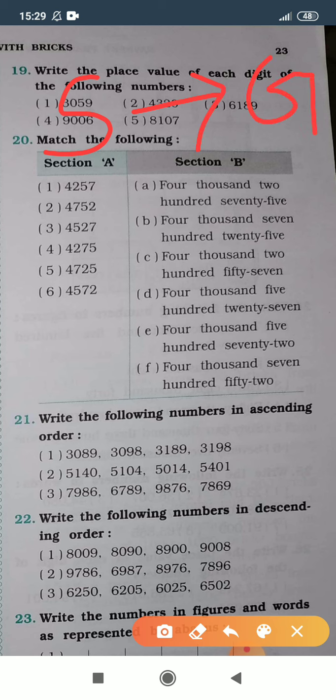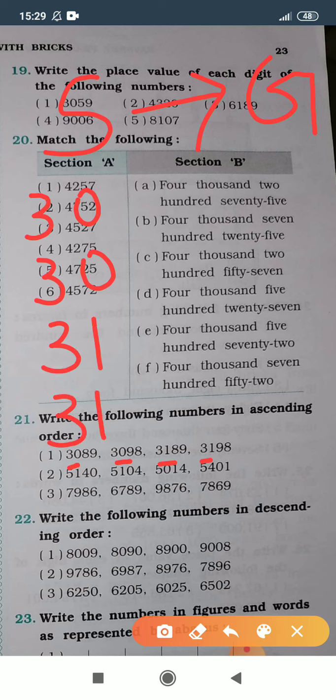So in this everyone knows that first we'll see the starting two digits of the numbers. So let's start. The first one is 30, second one is again 30, third one is 31, and the fourth one is again 31.